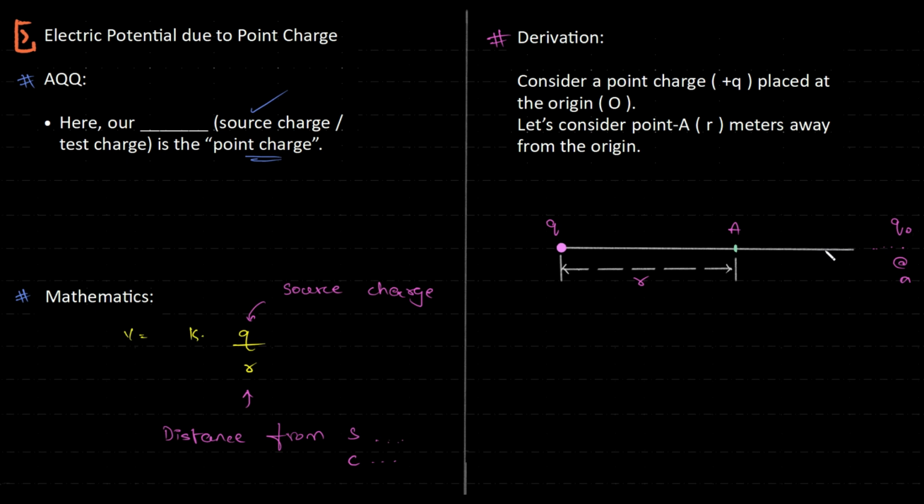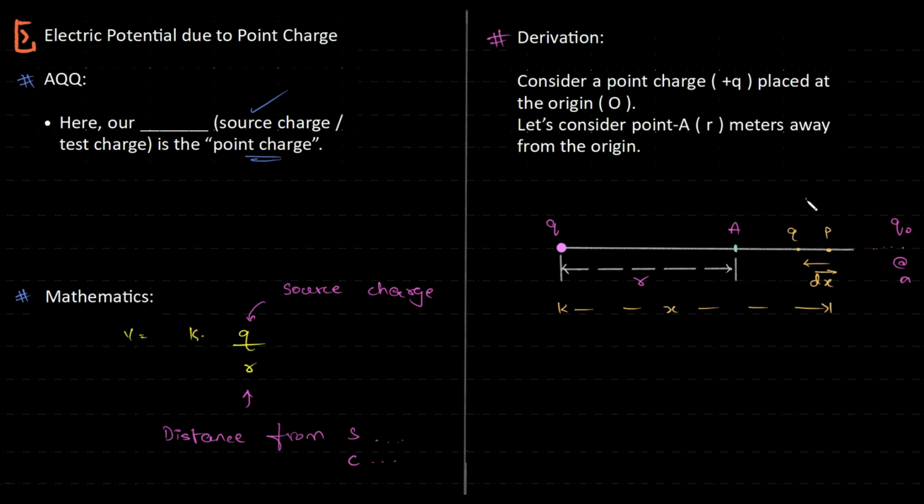So we have to make use of the funda. What's funda? Along this path, we'll take a point P, and from point P to point Q, say the distance is very small and it's represented by dx. And this point P is at a distance of x units away from the origin.